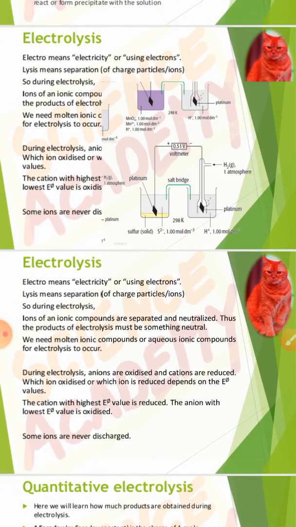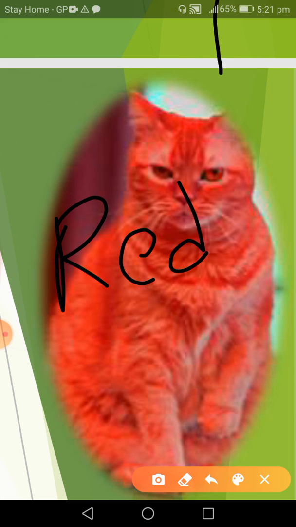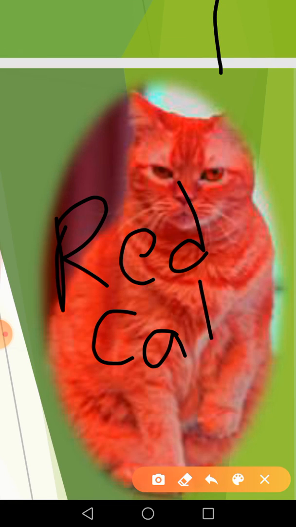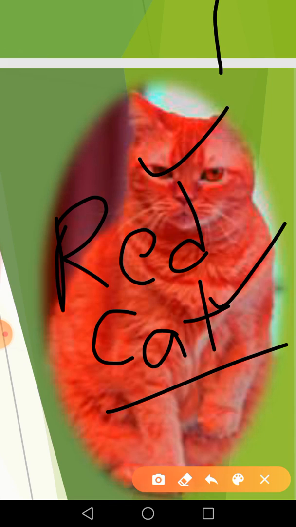Since red cat means reduction of cations, it must be oxidation of the anions, isn't it? It's the red cat, so reduction of cations, and the oxidation of anions, and oxidation means loss of electrons.